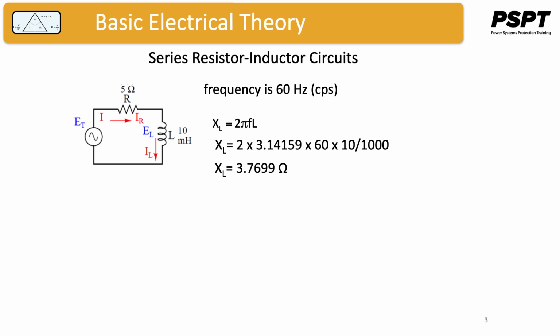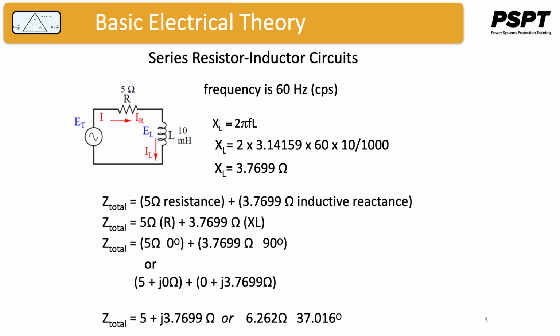Therefore, the total impedance of RL in series is the 5 ohm resistance added to 3.7699 ohms inductive reactance. Now remember, these are both phasors, so they have to be treated as phasors.